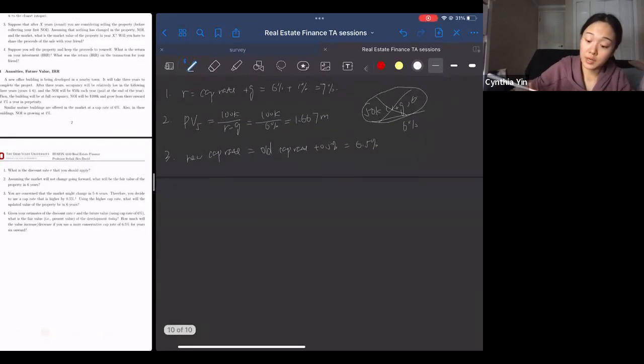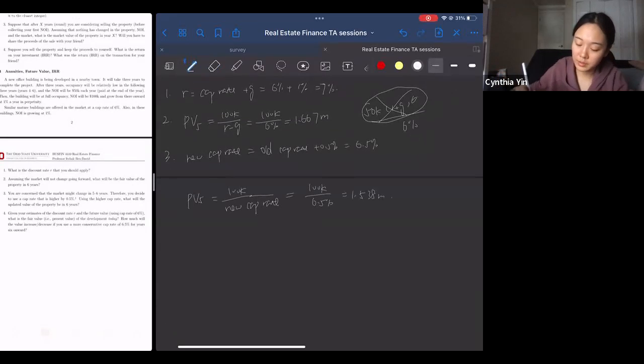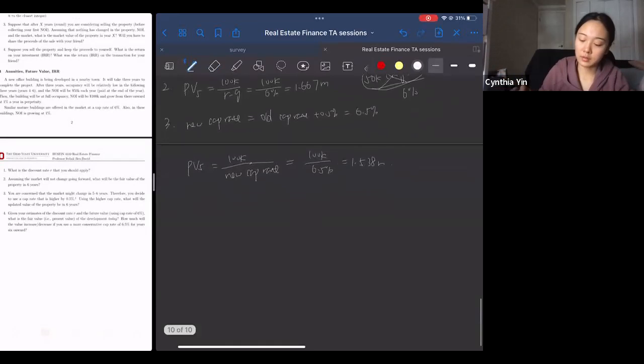And he's still asking for PV5, which is 100K divided by your new cap rate, 100K divided by 6.5%, which is 1.538 million. It's almost the same, other than the new cap rate.